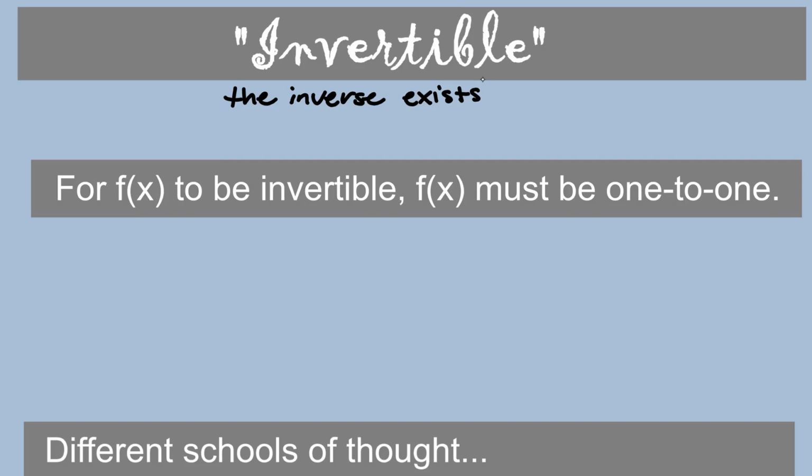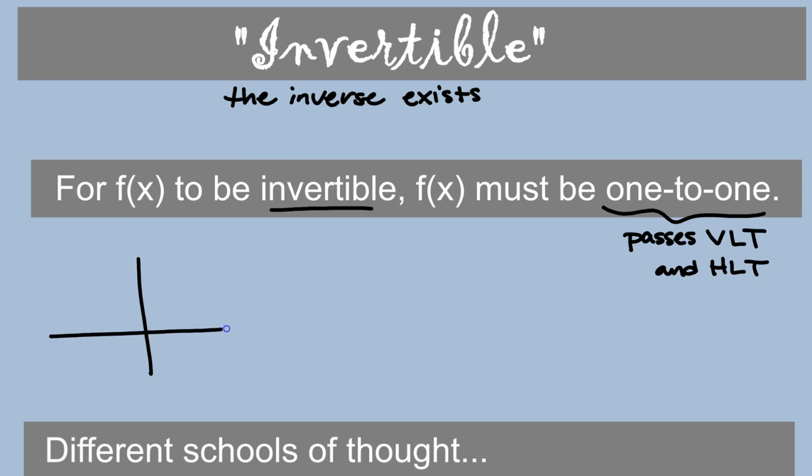In your book, for the inverse to exist, so for f of x to be invertible, f of x must be 1 to 1. So what does that mean? That means every x coordinate has only one y coordinate, and every y coordinate has only one x coordinate. So, in other words, it passes the vertical line test and the horizontal line test.